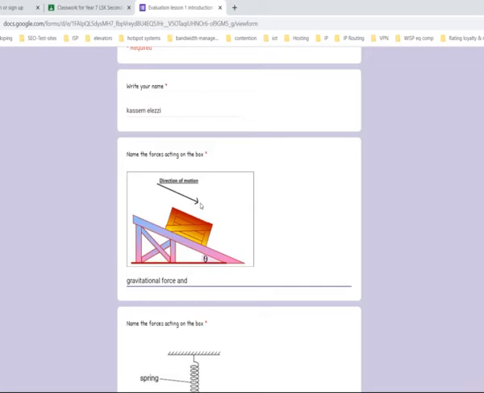So in this picture we have gravitational force, friction, and normal force. But if you wrote gravitational force and friction, it's okay for the first time, because I didn't mention it before this video.